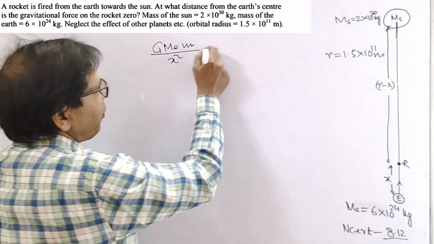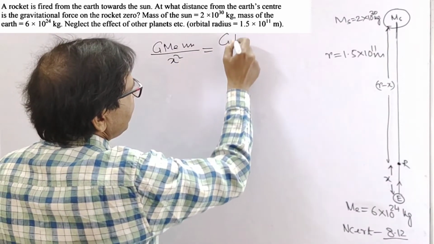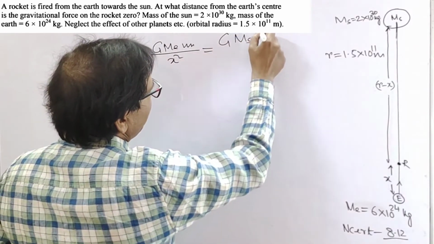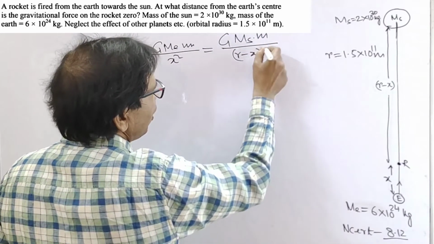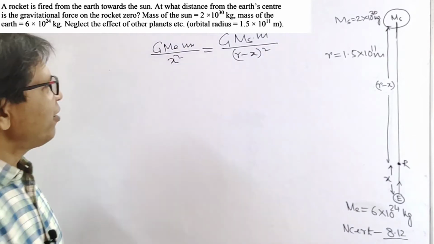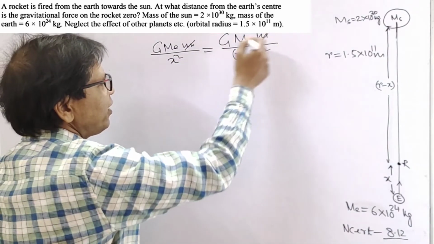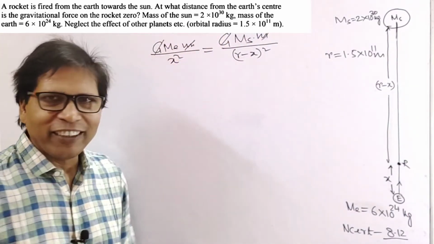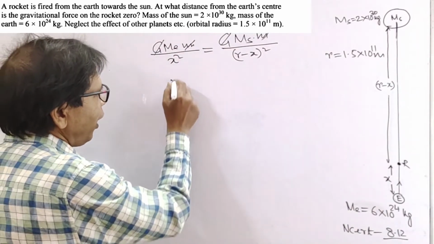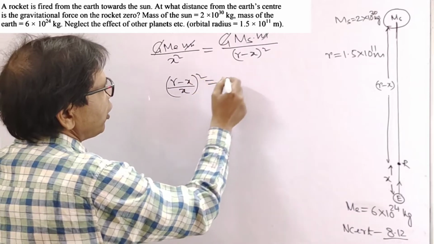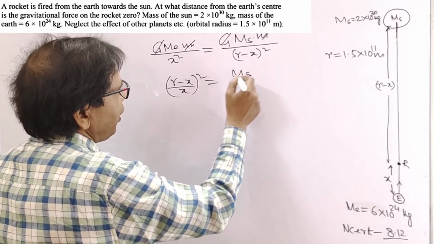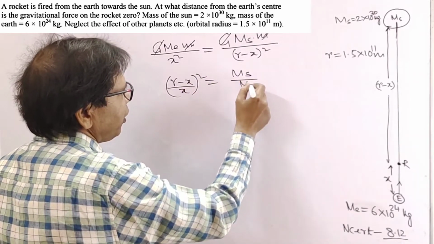Now Fs is G, the mass of the Sun, the mass of the rocket, divided by (r minus x) whole square. Now this cancels out. Therefore (r minus x) by x whole square equals Ms by Me.